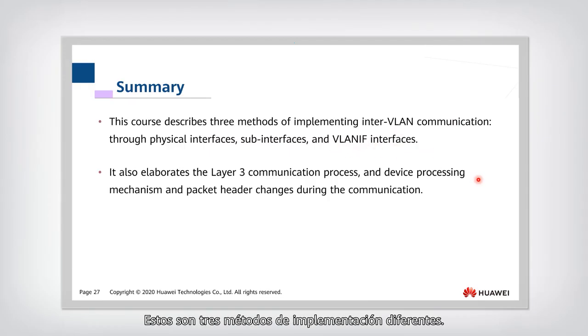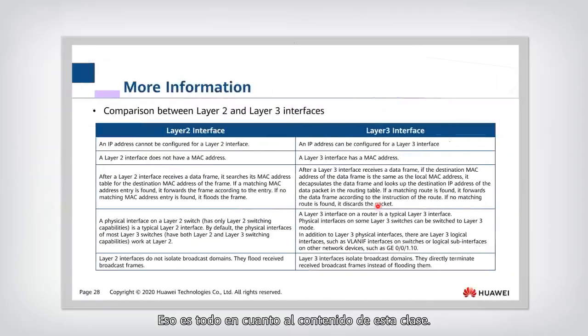Okay, so these are 3 different implementation methods. We also elaborated the whole process of the layer 3 communication. We analyzed what every device should do and how the packet header changes during the communication. Okay, so that's all for the content in this lecture.